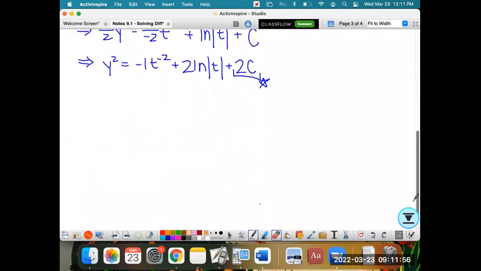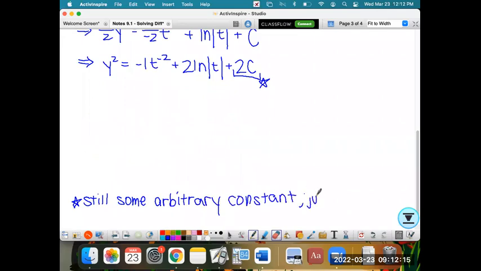So instead of writing 2c in the next line, I'll just write that as a plain old c. So again, I'll do that in the next line.